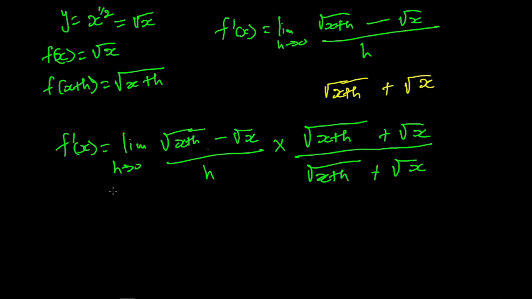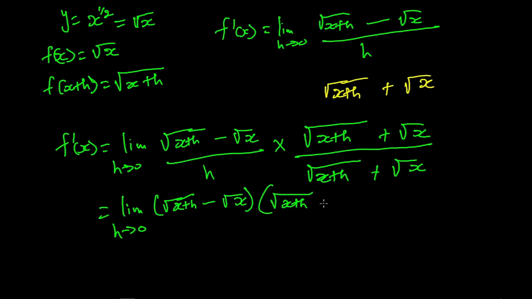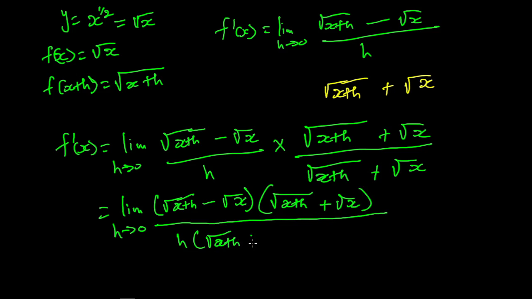So if we multiply these together, we are going to have the limit as h approaches 0. This is going to be the square root of x plus h minus the square root of x, multiplied by the square root of x plus h plus the square root of x, all over h multiplied by the square root of x plus h plus the square root of x.